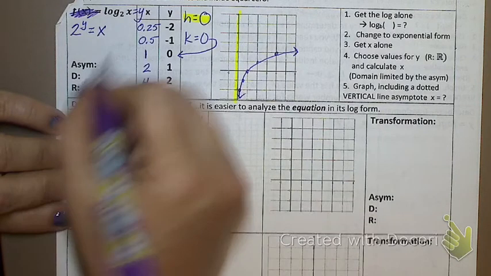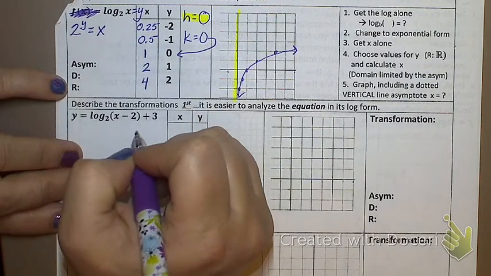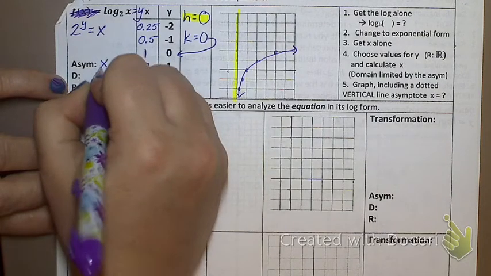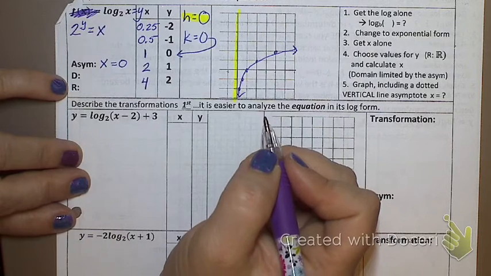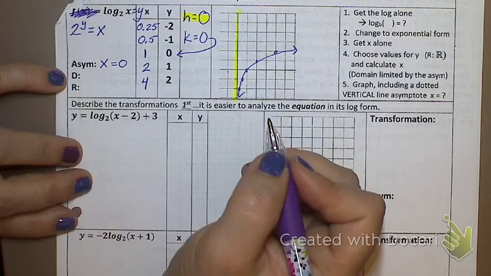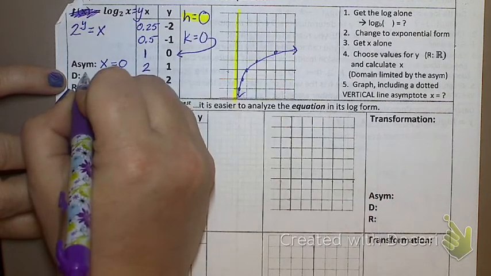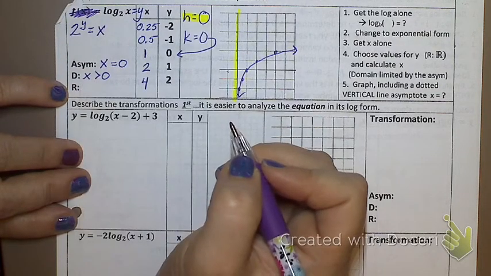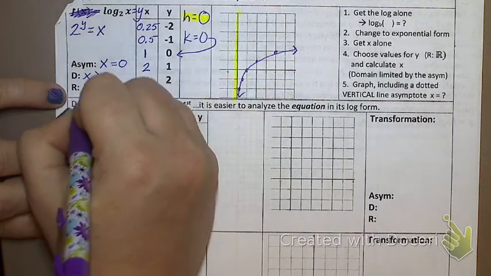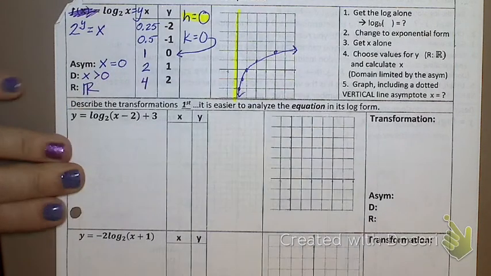X equals 0. My asymptote is not 0. X equals 0. And yes, I am particular. If you just write the number 0, you are not giving me the equation of a line. Okay? What is my domain? X is greater than 0. And what's my range? All real numbers. All real numbers.